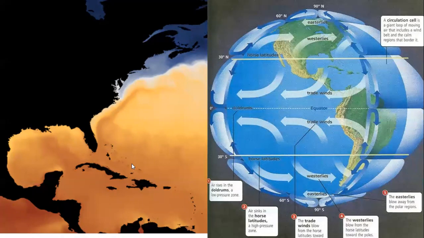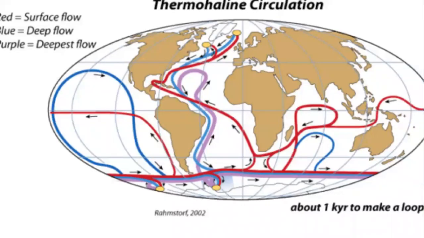And you can see the warm water of the Gulf Stream in dark orange moving away from the southern latitudes toward the colder water in the north. Now, once the water reaches the north, it begins to cool and it sinks below the warmer water that's coming in from behind it. And this is how surface currents connect with the ocean currents deep in the ocean.